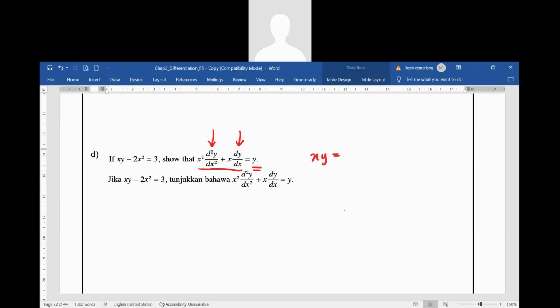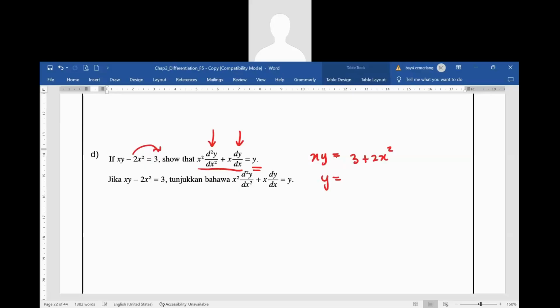xy is equal to, sebab kalau tak ada y, macam mana kita nak buat dy dx? So minus 2, tak. Oh, kejap. Tak apa. Yang ni kita hantar pergi sana. So 3 plus 2x square lah kan.